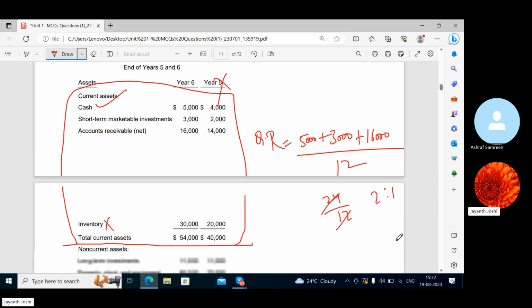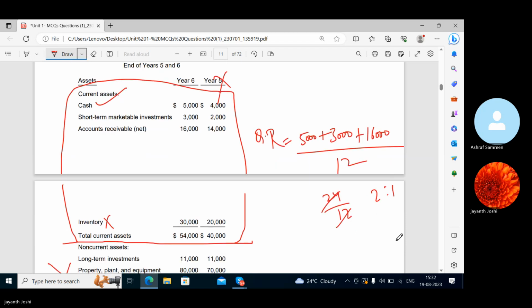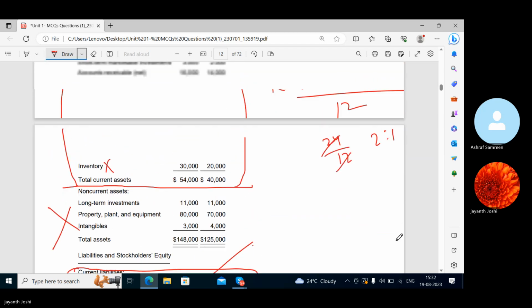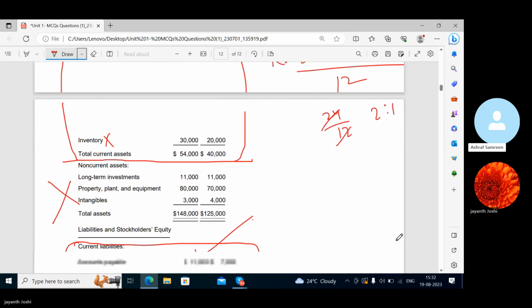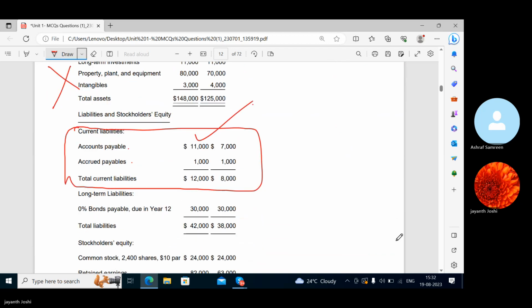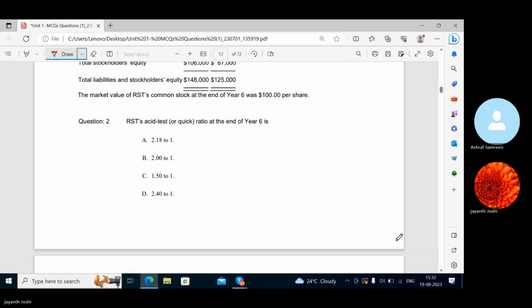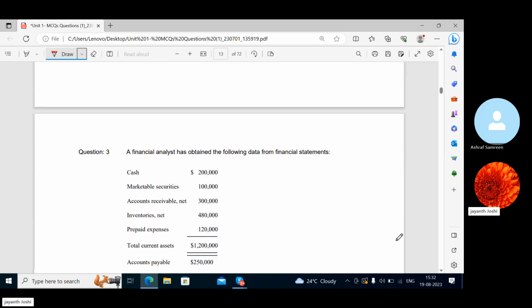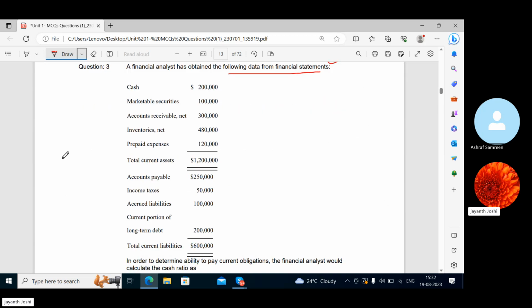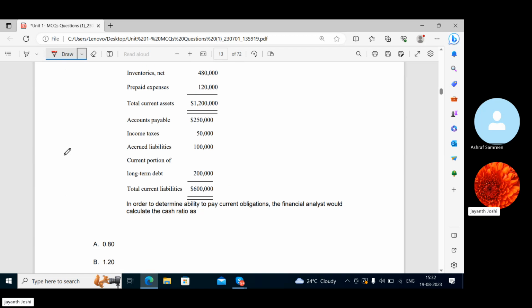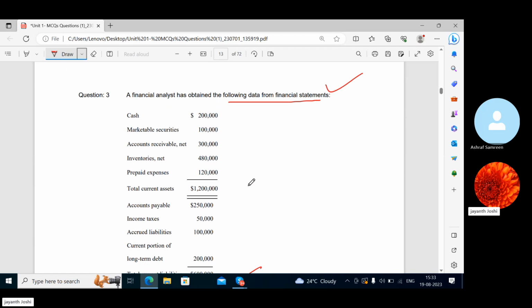Now I'm moving to the third question. The next question is, a financial analyst has obtained the following data from financial statements. This is the balance sheet given to you. In order to determine ability to pay current obligations, the financial analyst would calculate the cash ratio. So now I want you to find out the cash ratio from this question.